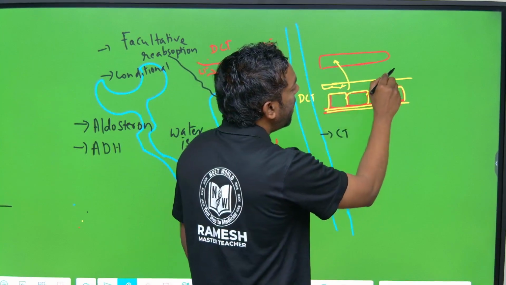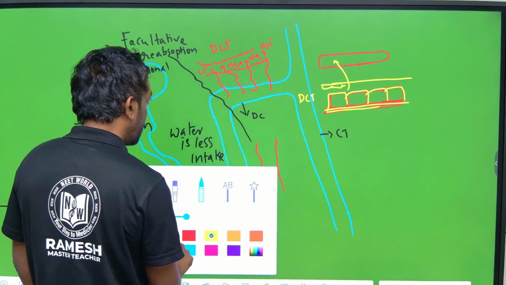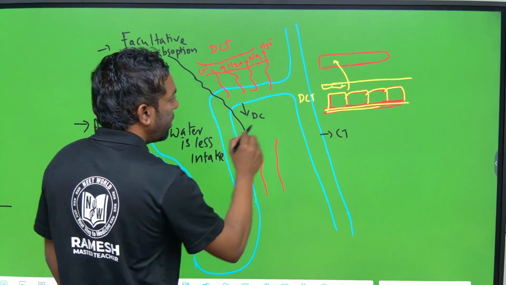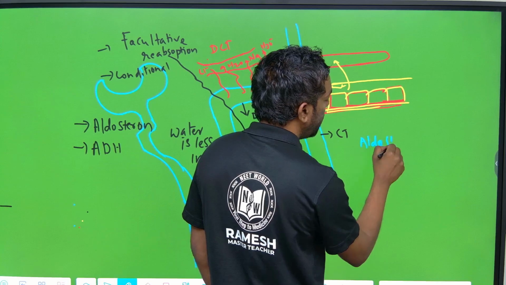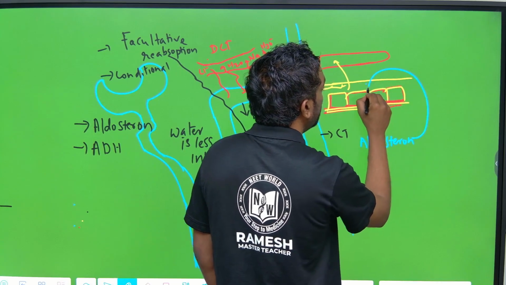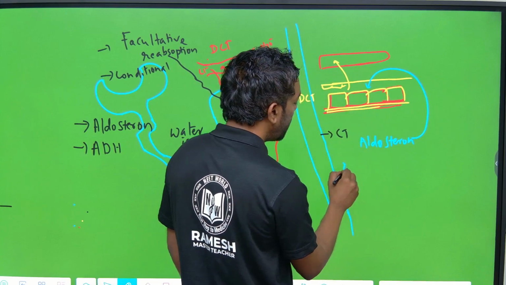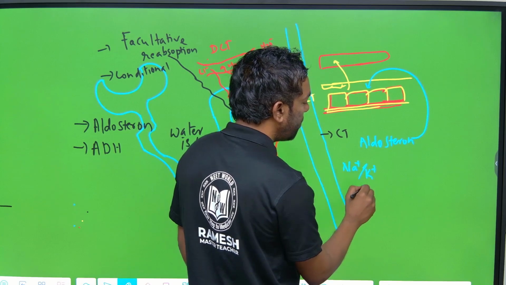In this way, aldosterone is activated. Aldosterone activates the channel and the sodium potassium pump.